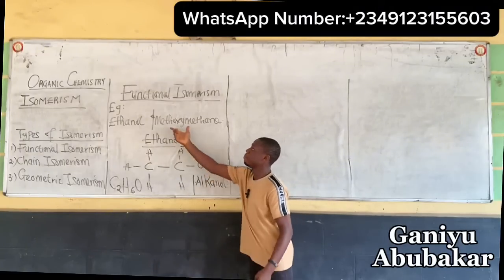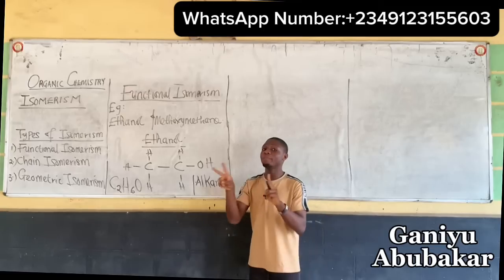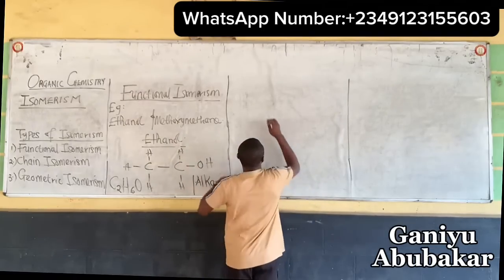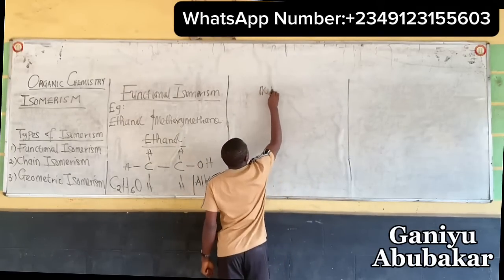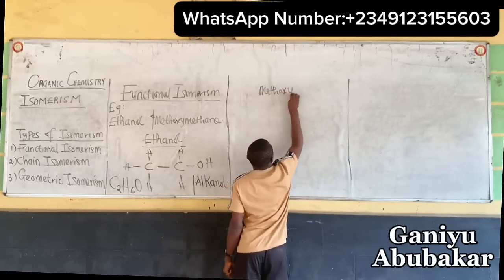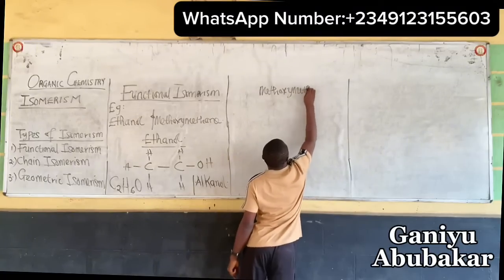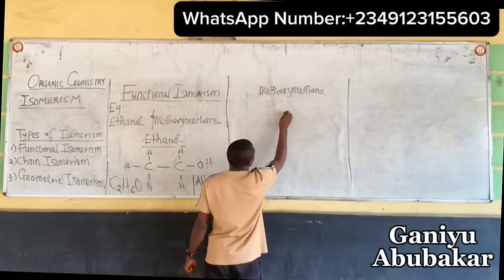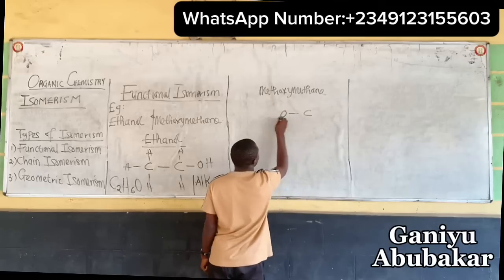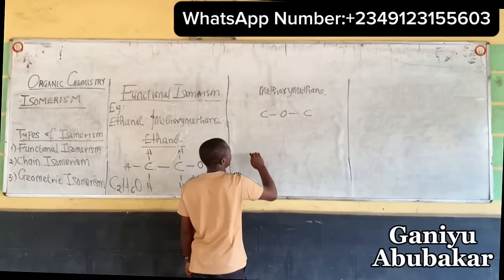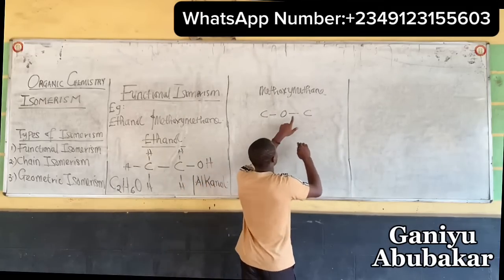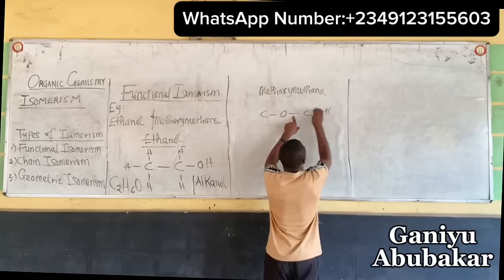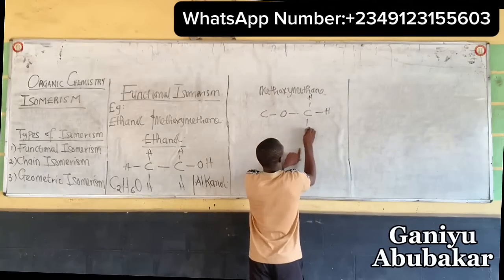Let's explain methoxymethane and compare the two. For methoxymethane, the compound looks like this. I have this carbon here, and the carbon here. Balance up, 1, 2, 3, 4.